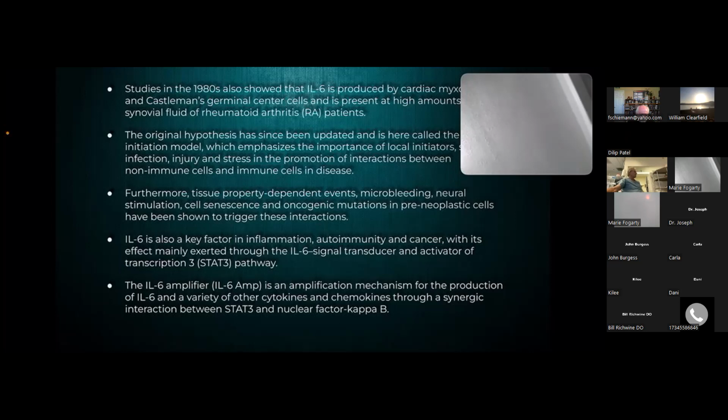Okay, so you have interleukin-6 that activates the STAT3, and then that sonic boom triggers the NF-kappa B, because my understanding is it's really oxidative stress that turns it on.